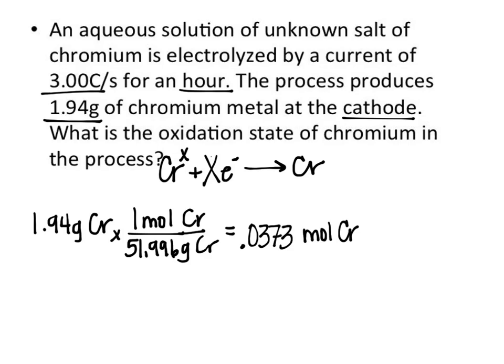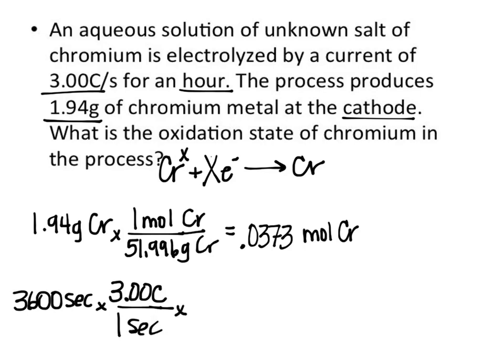Now I want to know how many moles of electrons were transferred. So I know that we had a time. What time passed was an hour. So how many seconds are in an hour? 3,600 seconds. And our amps were 3.00 coulombs per 1 second.